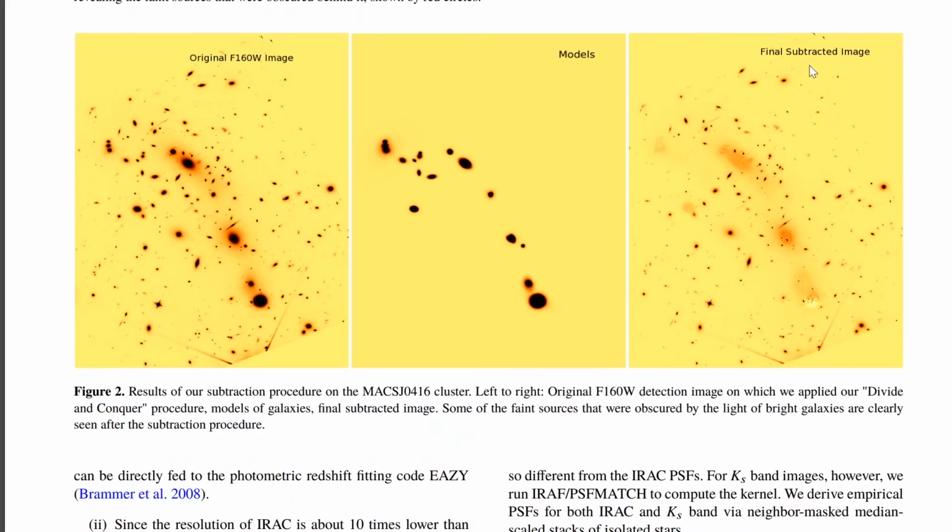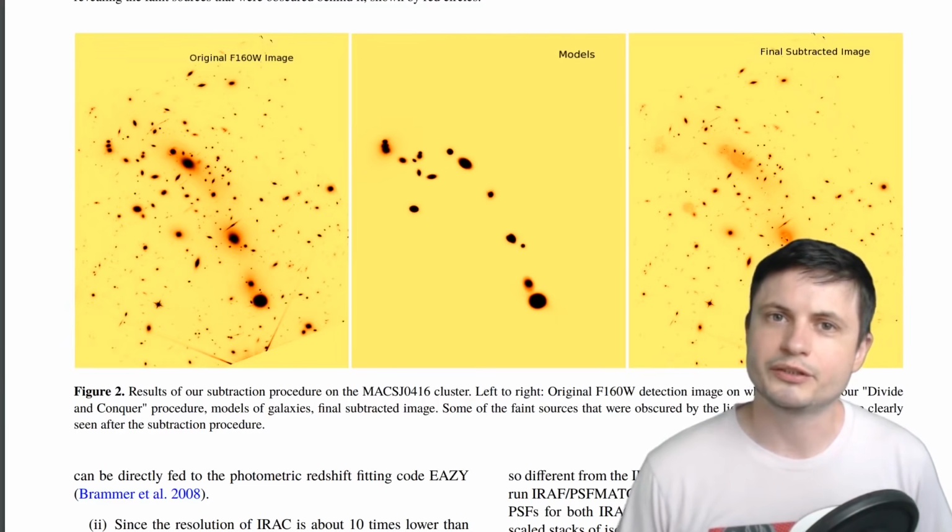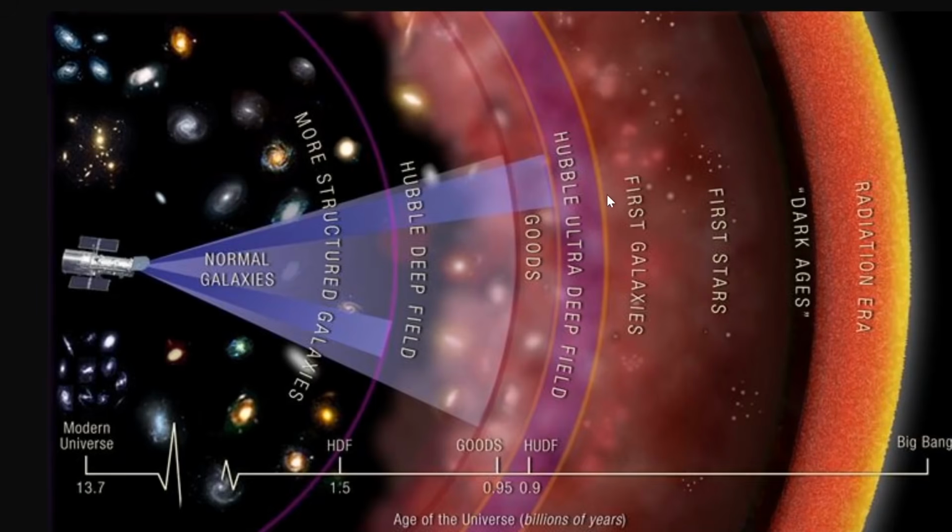And by using this cluster, and by trying to subtract any unnecessary light, they were able to see the absolutely earliest possible light that this galactic cluster emitted. And essentially they were looking into this part of the universe when the universe was only about 500 million years old. With the main purpose, of course, being discovering these early stars and trying to see if our theories on population 3 stars and reionization is correct.